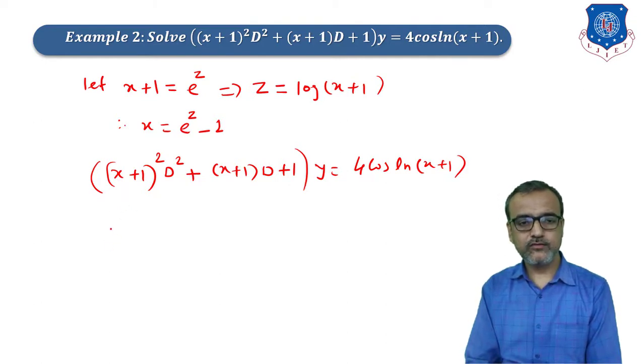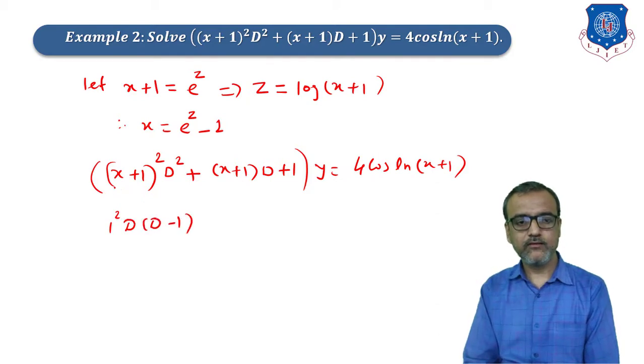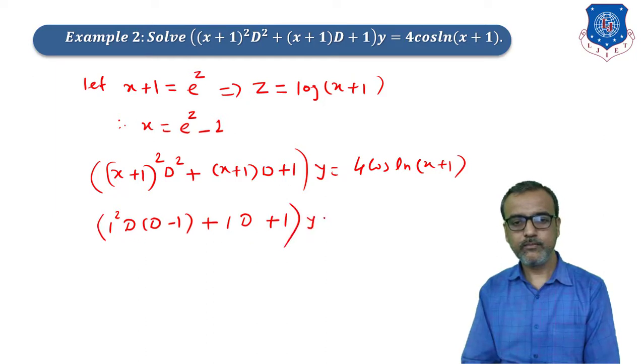So this is equals to 1 square d minus 1 plus, now replacing (x plus 1) d by 1 d, plus 1, y equals 4 cos of ln (x plus 1), that is z.